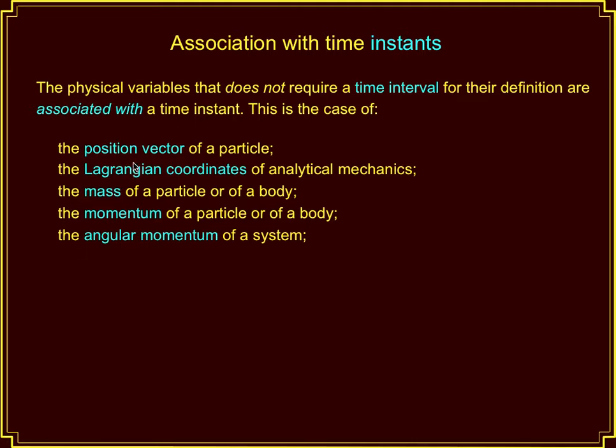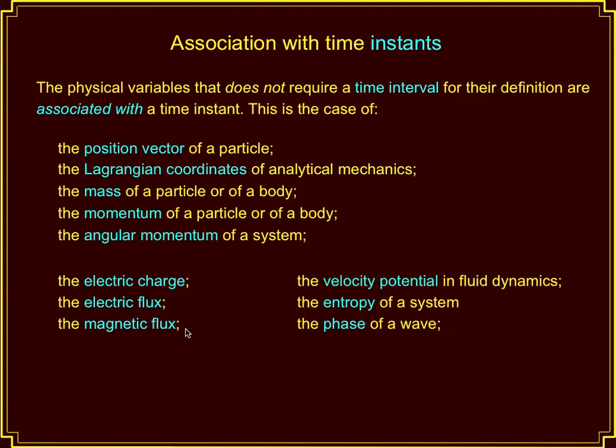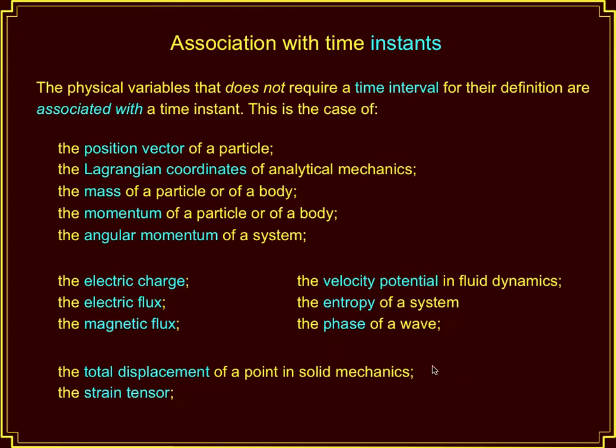This is the case of position vector, Lagrangian coordinates, mass associated with a time instant, momentum of a particle or of a body, angular momentum of a system, electric charge, electric flux, magnetic flux, the velocity potential in fluid dynamics, the entropy of a system, the phase of a wave. The total displacement of a point in solid mechanics is also associated with an instant, and the strain tensor.